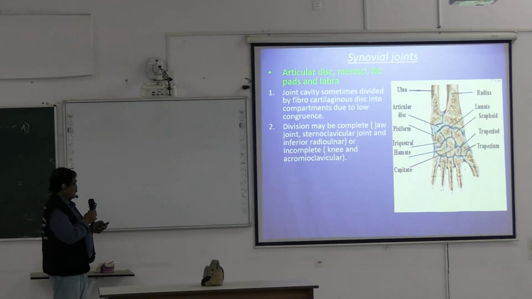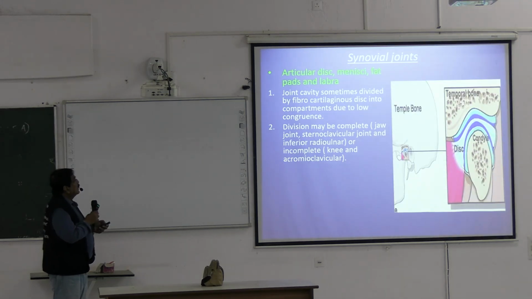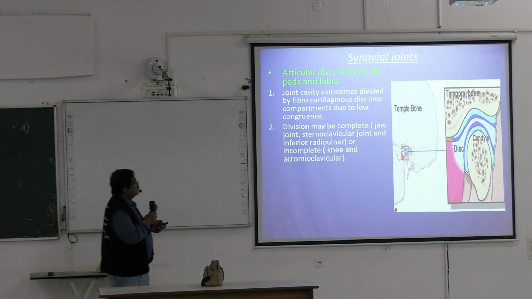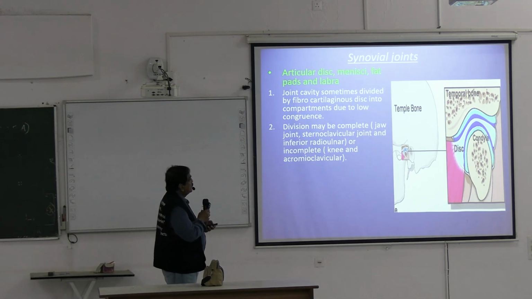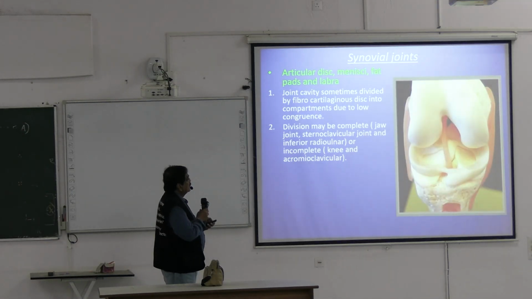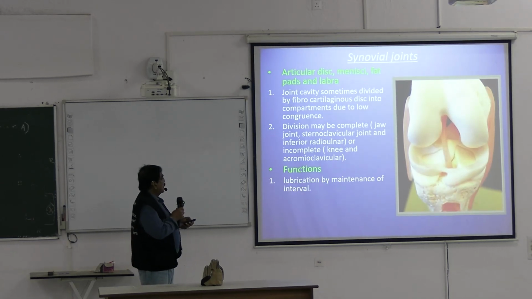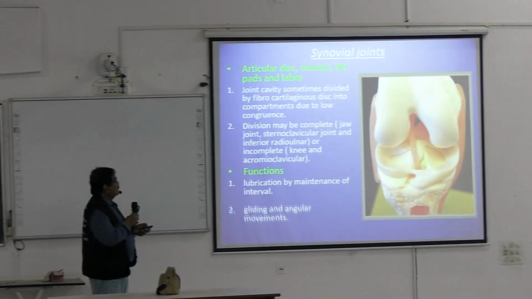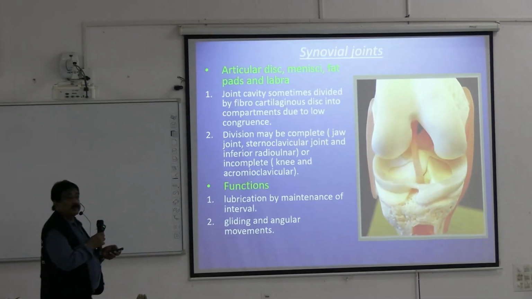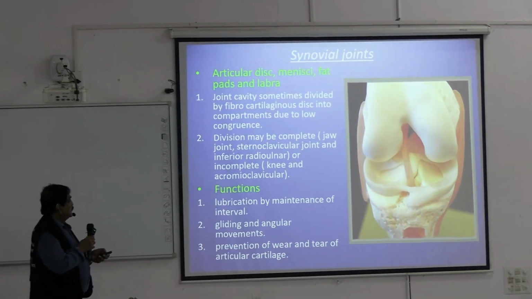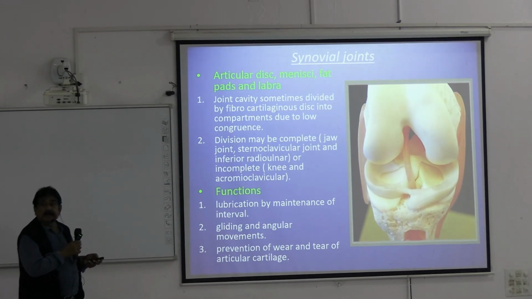Here's the hand and the wrist. Now, temporal bone. Now, this is the knee joint. Functions: lubrication, maintenance of interval, gliding and angular movements, prevention of wear and tear of the articular cartilage.